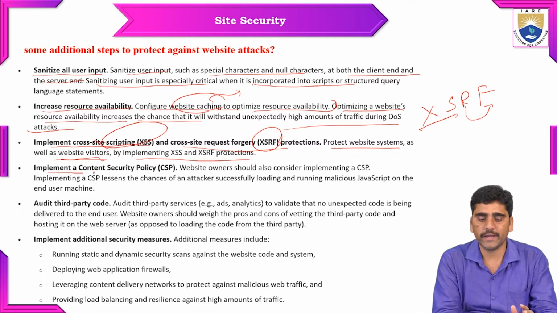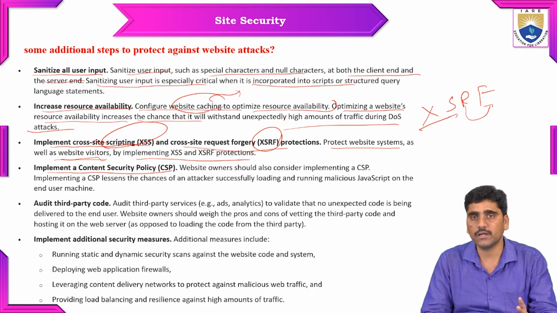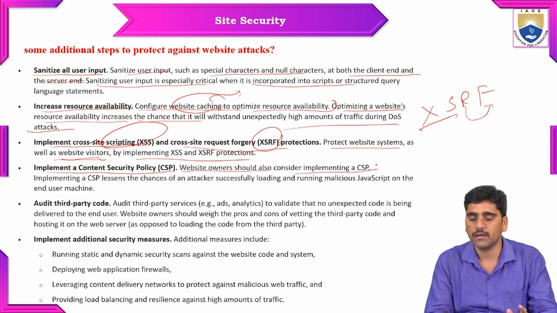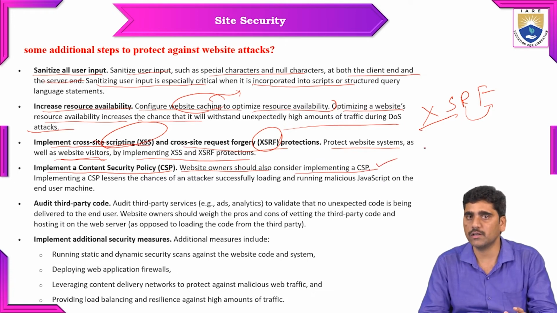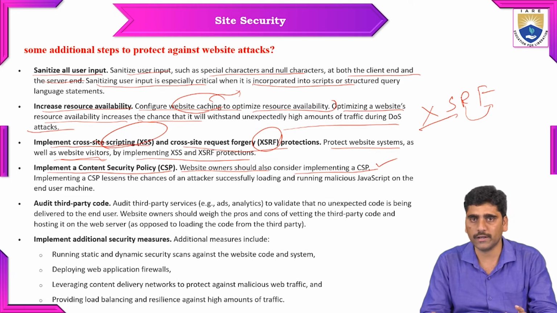And next, implement a content security policy. Website owners should also consider implementing a content security policy. It is one of the mechanisms that applies to content, that is, all the content that web pages contain, which has to be secured with the help of the owners' considerations.